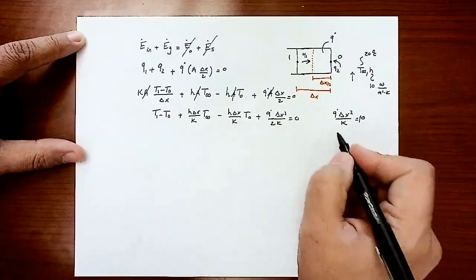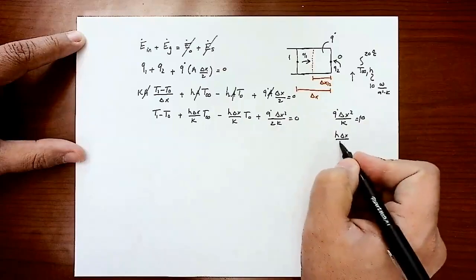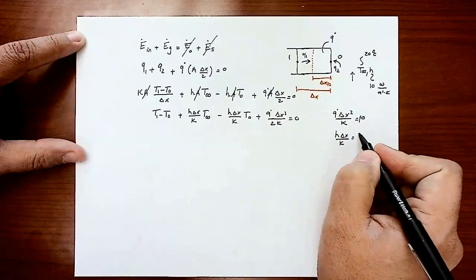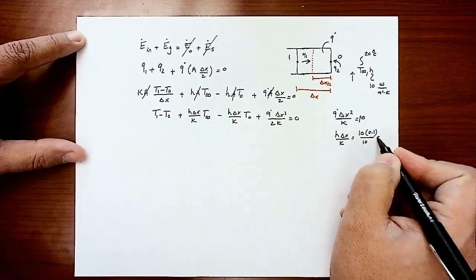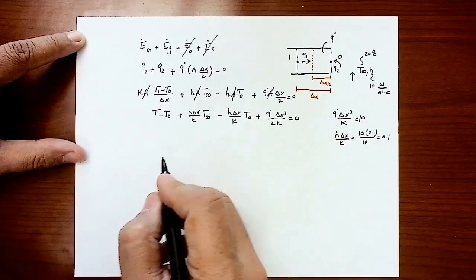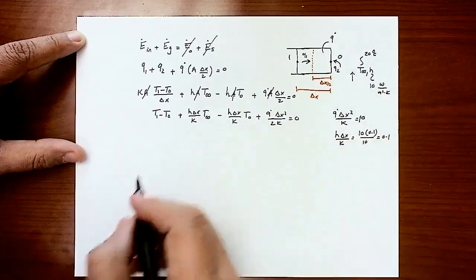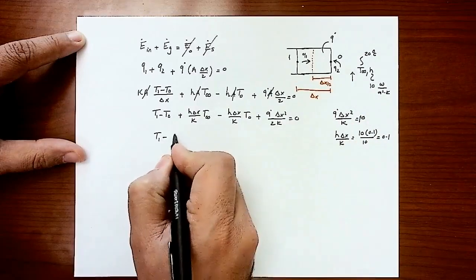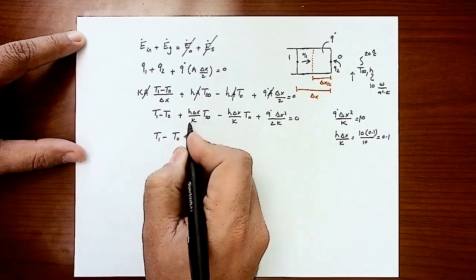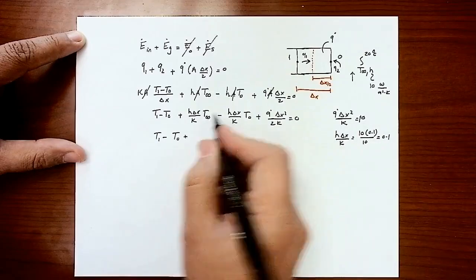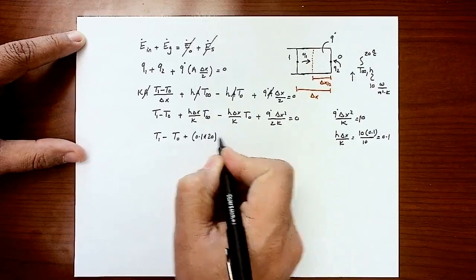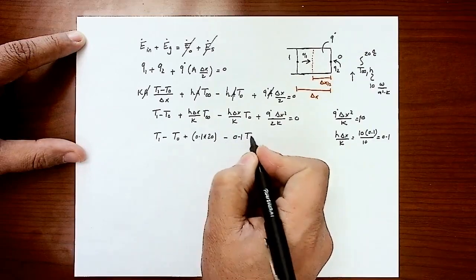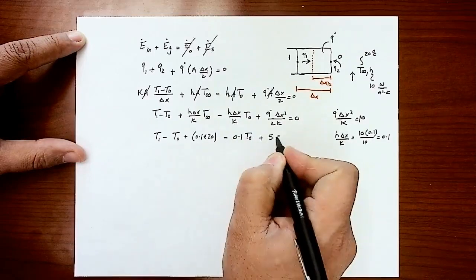Then h delta x over K: h is 10, delta x is 0.1, and K is 10. So I end up having 0.1. And T infinity is given as 20 degrees C. So T1 minus T node plus h delta x over K, which is 0.1, times T infinity, which is 20, minus 0.1 T node plus 5 equals 0.